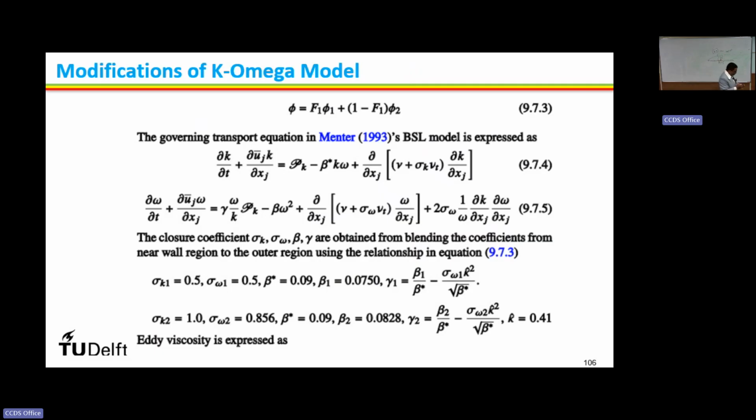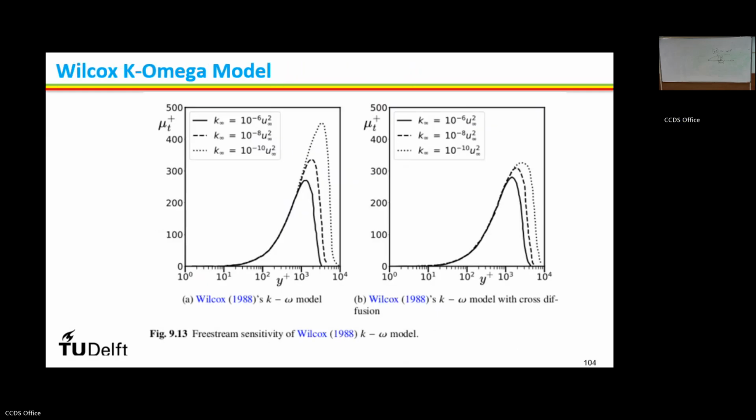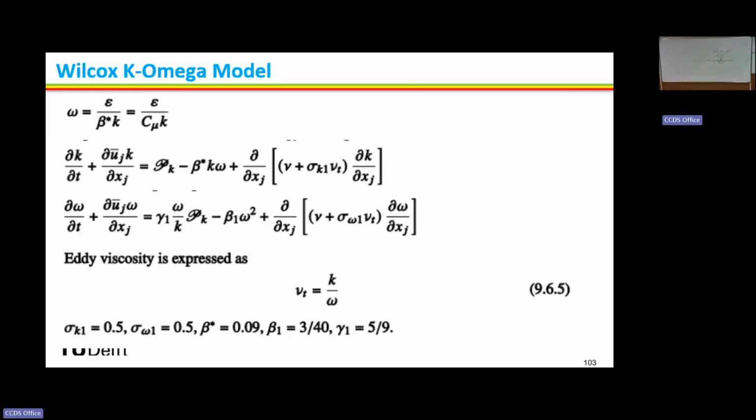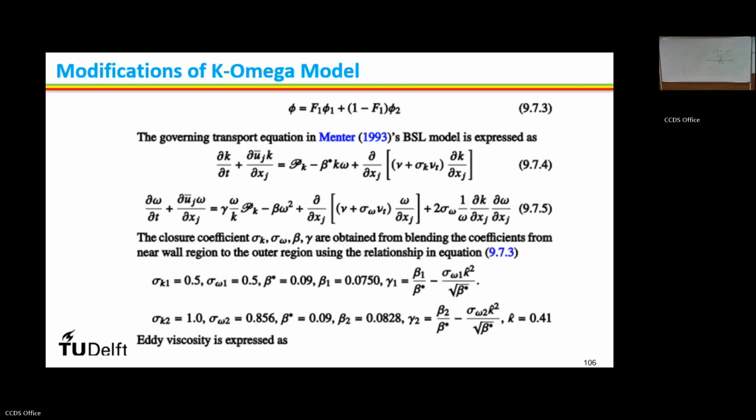So what happened in the Wilcox model? These values, sigma k1, beta star, beta 1, gamma 1, Wilcox prescribed earlier. That thing, after adding the cross diffusion term also, this guy Florian Menter used a blending function.